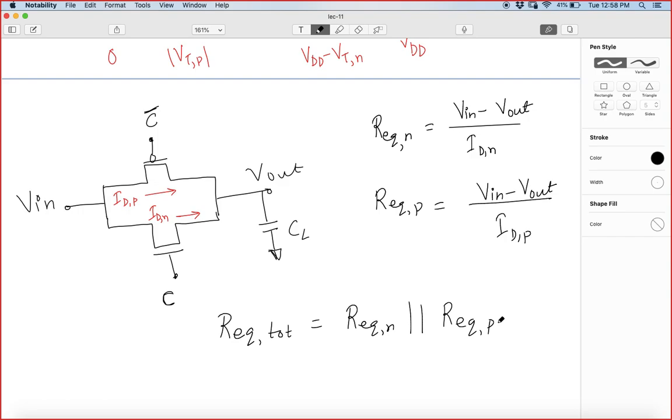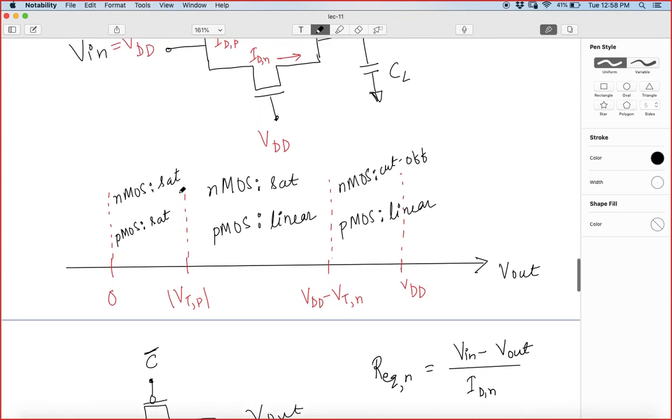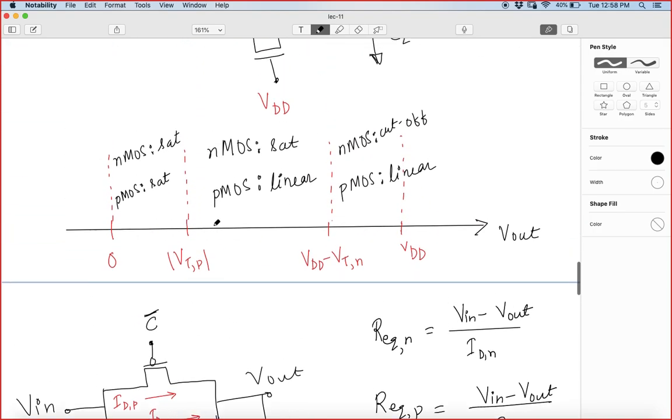Now again, using this situation, let's come back to this region. We know that these are three different regions, and let's try to understand what this R equivalent total is in these three regions.